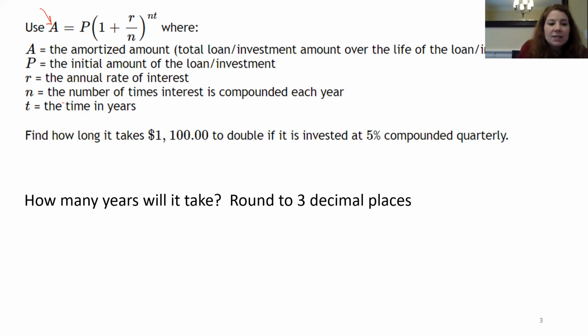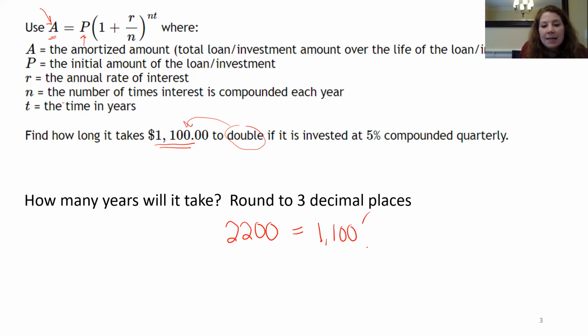Here it says that this $1,100 is our principal, but we want to double this amount. So if we've invested $1,100 and we made $1,100, our letter A would actually be $2,200. So I'm going to say $2,200 is equal to our investment of $1,100 times 1 plus our rate, 0.05.